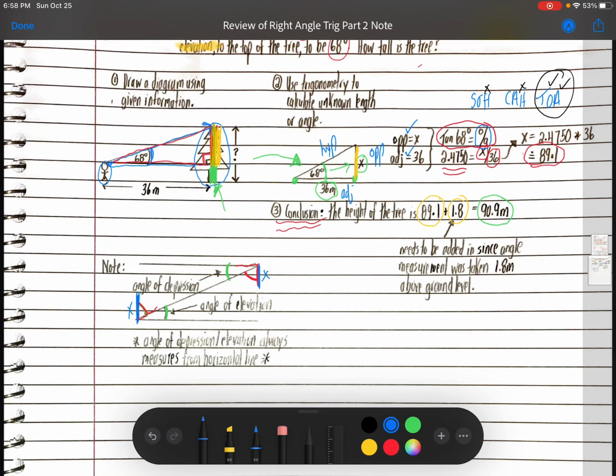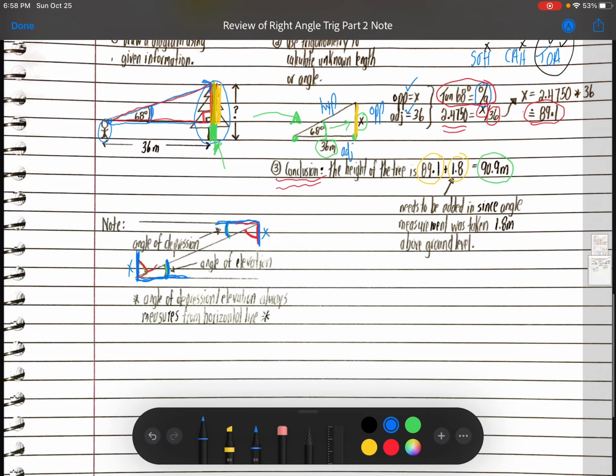You always want to do the angle relative to the horizontal. So that's this angle for the depression angle, and that's that angle for the elevation. Okay, so it's all very important. This is always relative to the horizontal line, not vertical.